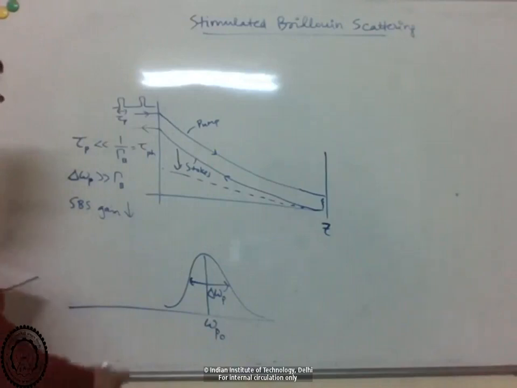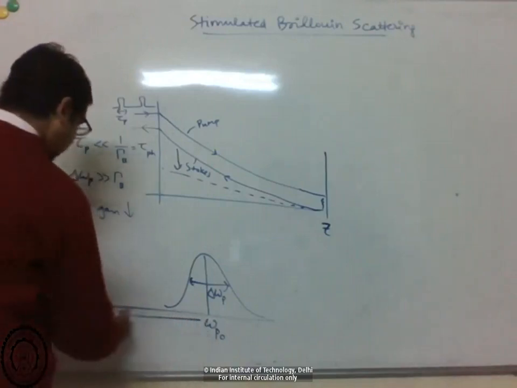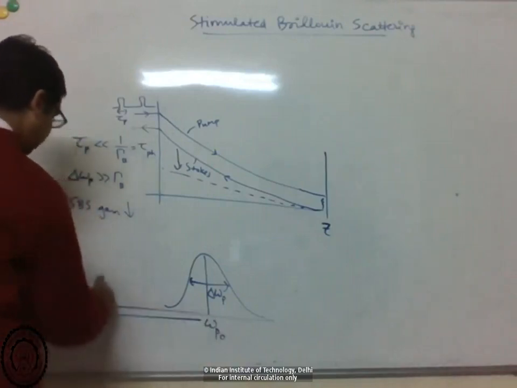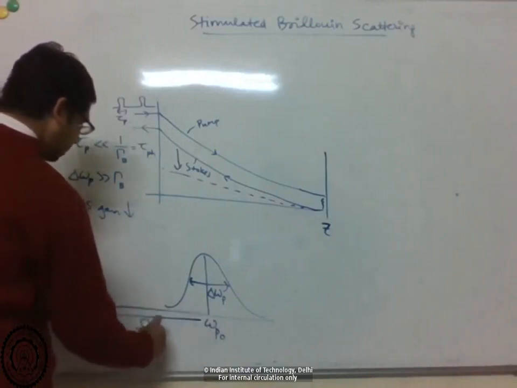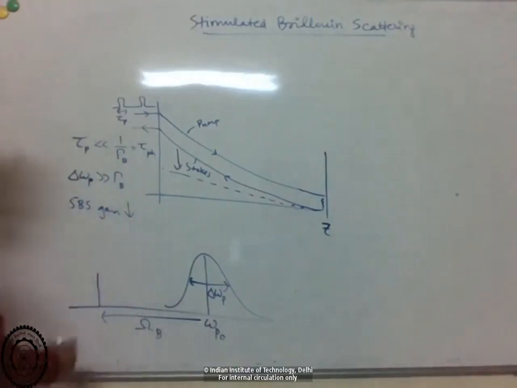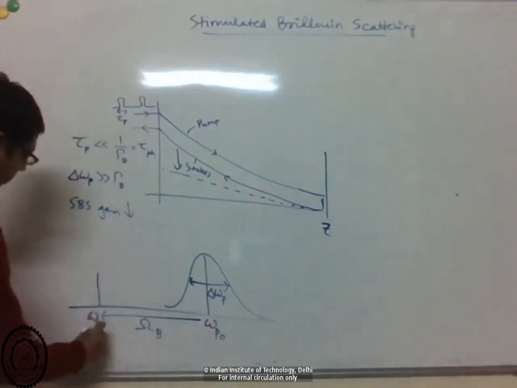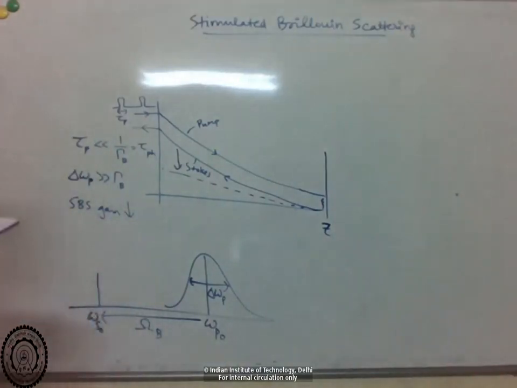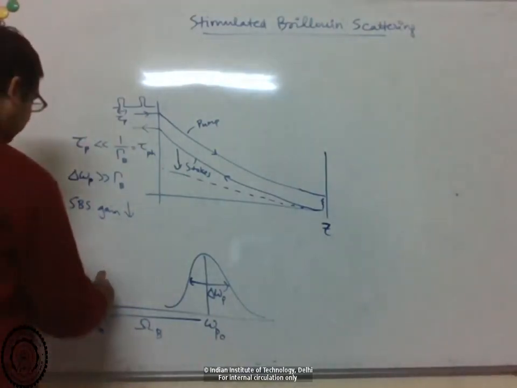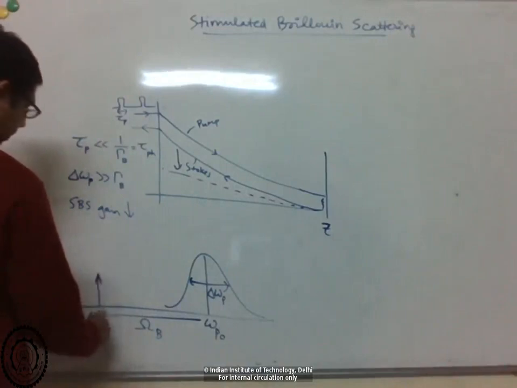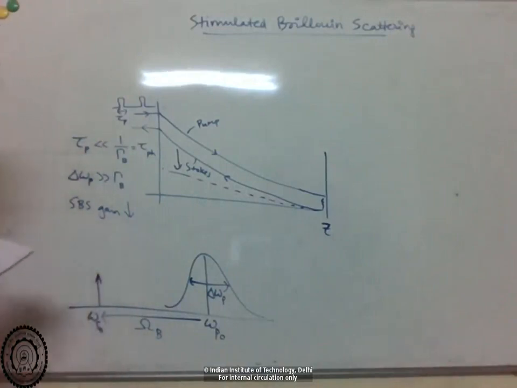So now we can look at the frequency downshifted from omega p naught by this Brillouin frequency omega b. Okay, so that Stokes frequency is omega s naught. Okay, and then we want to see basically what is the gain that this Stokes frequency at omega s naught experiences.